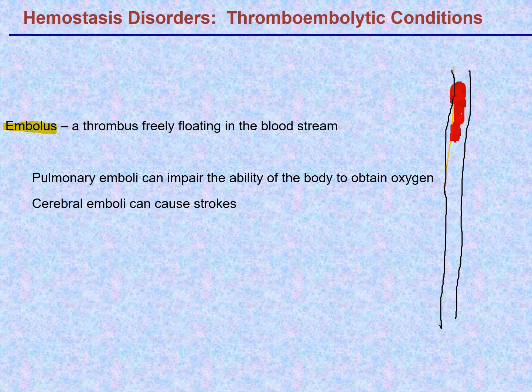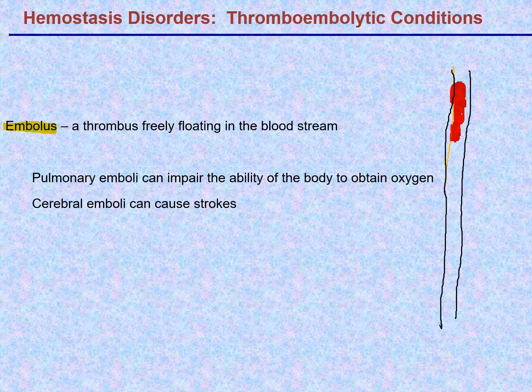These kinds of events, developing an embolus, can have extremely serious consequences, because wherever it ends up sticking and blocking a blood vessel, it will cause downstream tissue injury and death, because downstream of the blockage site you will have hypoxia of the tissue.